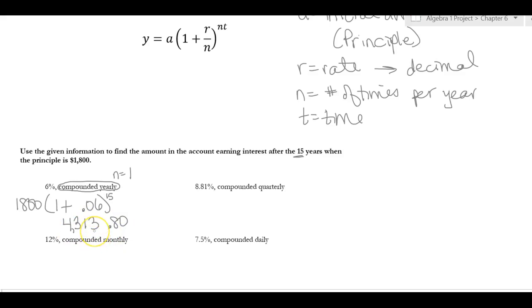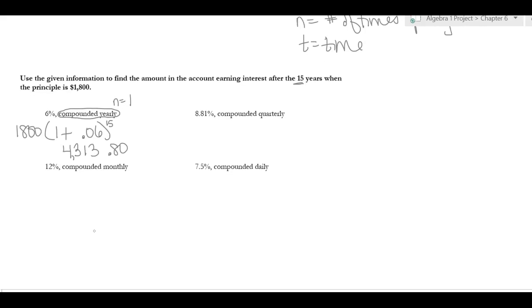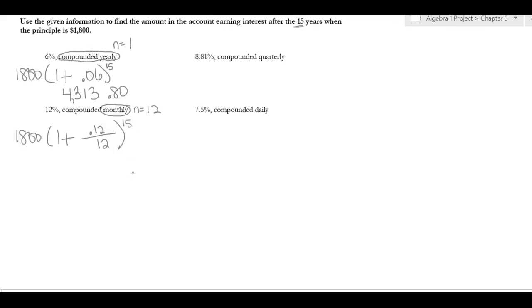Okay, let's go to the one underneath it first. So I start with 1,800. I'm adding 12%, but this is compounded monthly. So n is 12. So I have to divide by 12 here. And then I have to raise it to the power of 15, but here's something that's important.